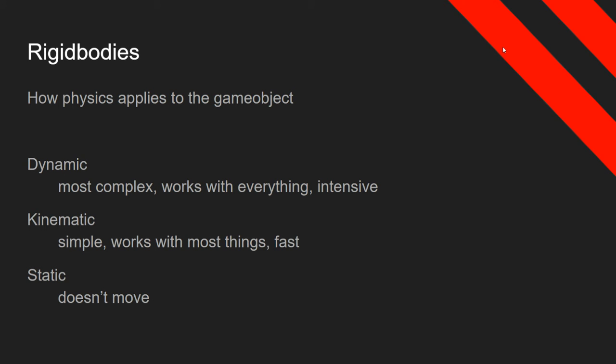So, rigid bodies are how physics applies to the game object. A dynamic rigid body is the most complex type because it allows for, I forget the exact term, whether it's collisions or triggers, but a dynamic rigid body is what you want to be using for your player, is the basic way to put it.